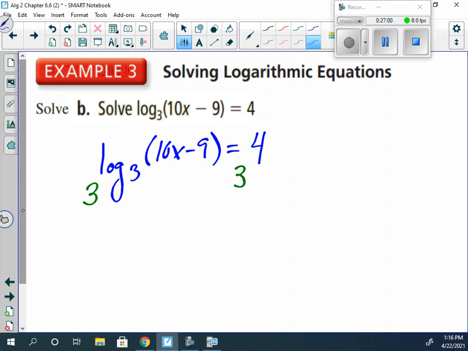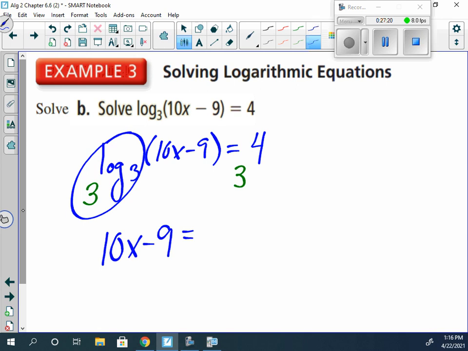We're putting 4 into the exponent with 3 as the base. The reason we're doing this is because 3 to the log base 3 will simplify out, leaving us with 10x minus 9. So that'll simplify out completely, and we just have what's inside the parentheses.